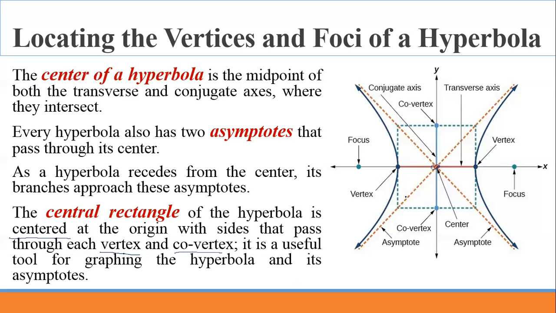To sketch the asymptotes of the hyperbola, simply sketch and extend the diagonals of the central rectangle. Extend lang natin yung diagonals ng central rectangle, just to sketch the asymptotes of the hyperbola.